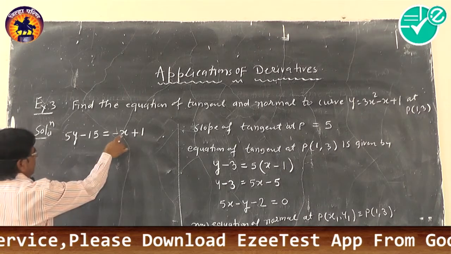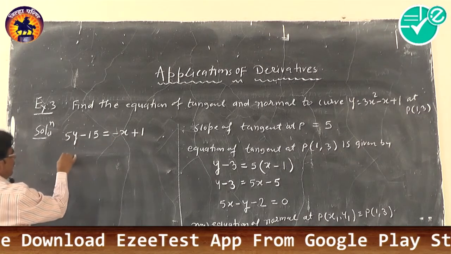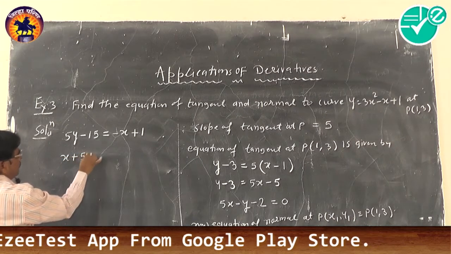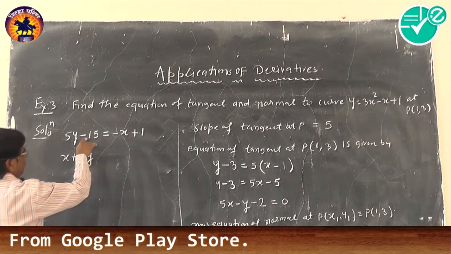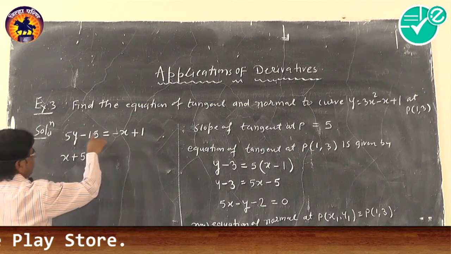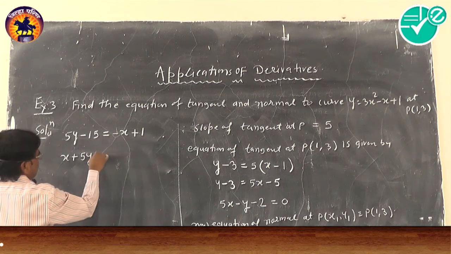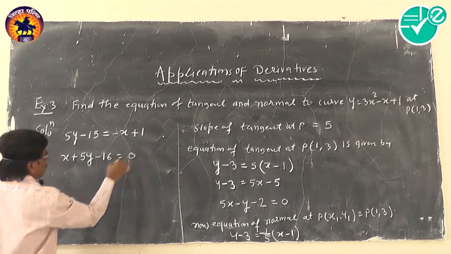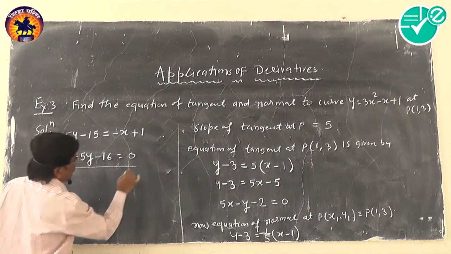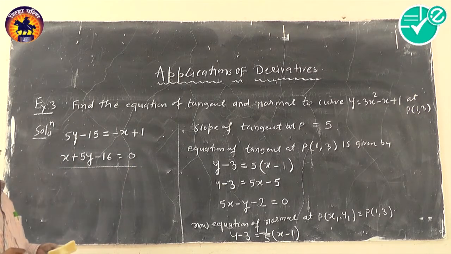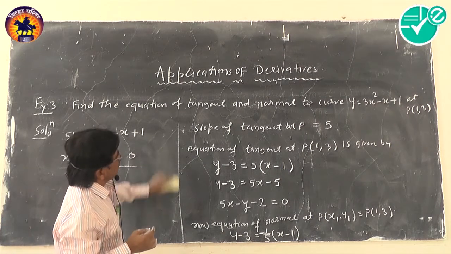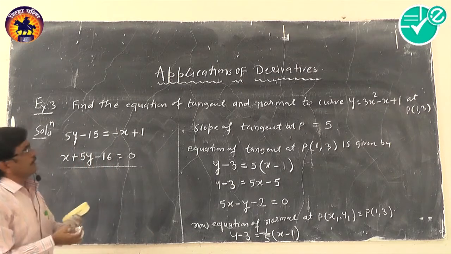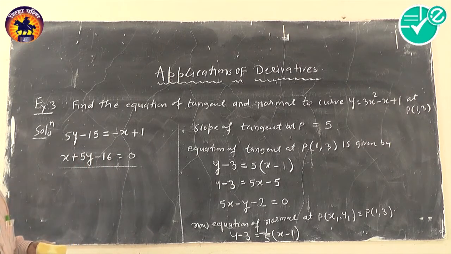Take minus x to the left side, that is x plus 5y, take plus 1 to the left side, it becomes minus 1, minus 15 and minus 1 is minus 16, and that is equal to 0. This is the equation of normal at P(1, 3). So here we found the equation of tangent and normal to the given curve at the given point P(1, 3).